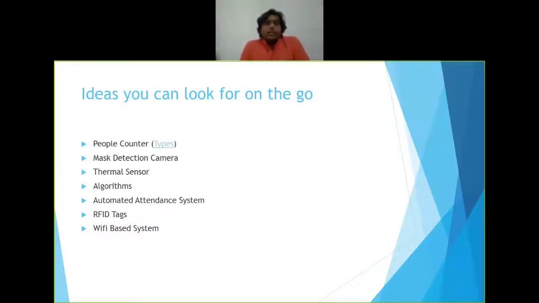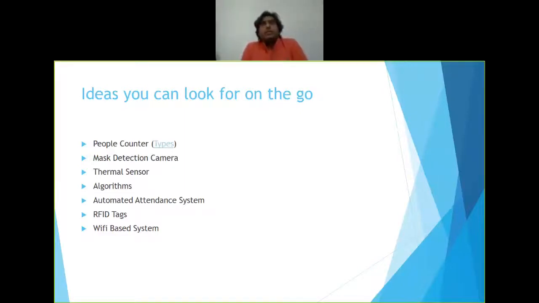Then thermal sensor. Now thermal sensors are, again, readily available in the market. A lot of people are working on it. Thermal sensors today, in every office, every premises, people are checking temperature. So what innovative thing can be done with these thermal sensors? One good example is, let's think about people entering a premises. You can put a thermal sensor.